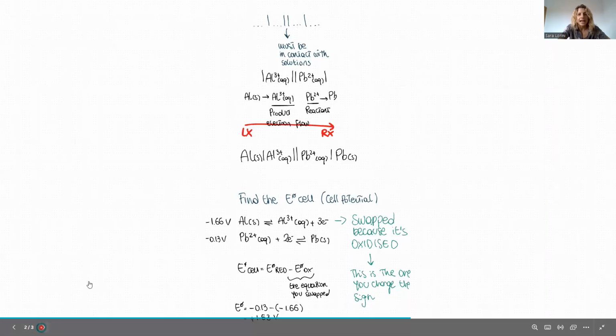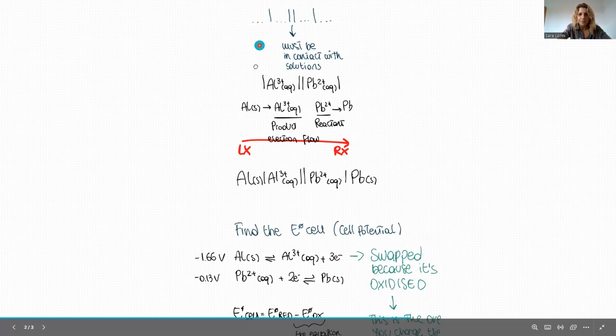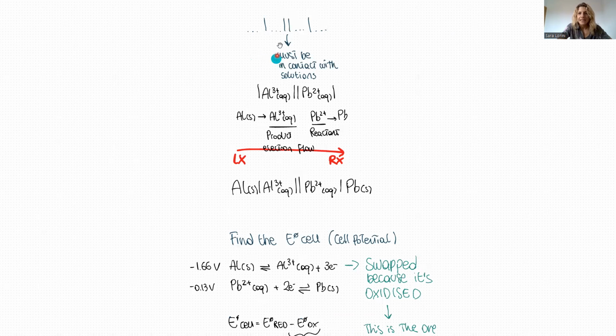So let's look at these solutions. As we said, the sulfate must be in contact with the solution. So what two solutions do we have from the previous half equations? The aluminium 3 plus solution and the lead 2 plus solution. But which direction do I put them? Remember, it's the direction of the flow of electrons.